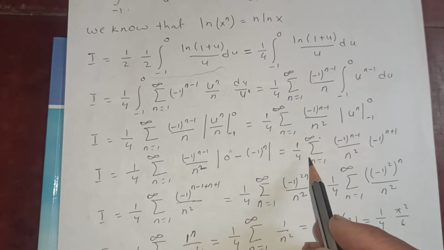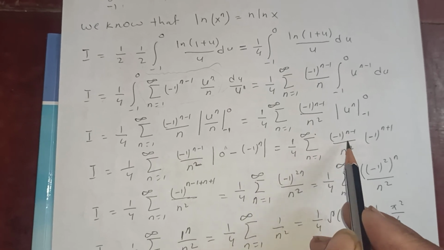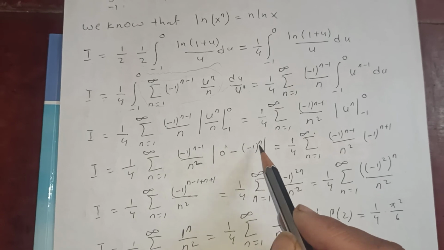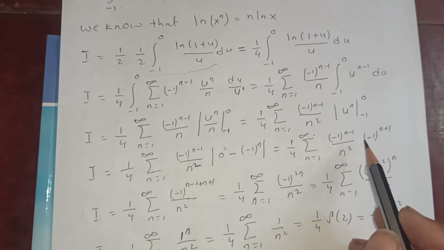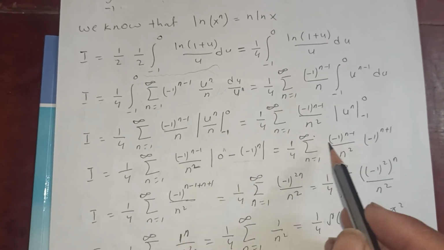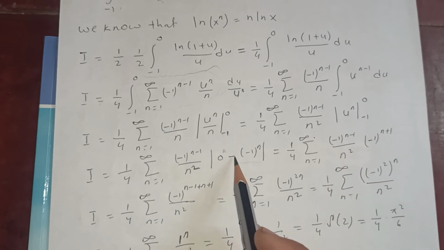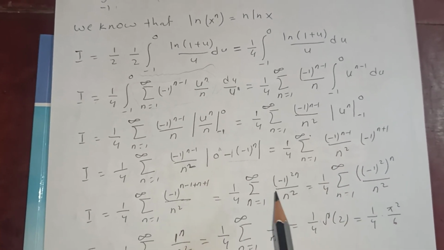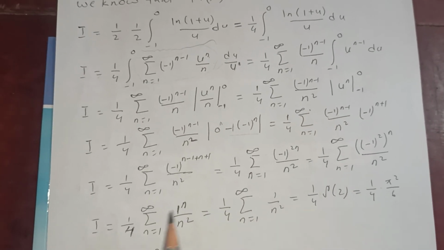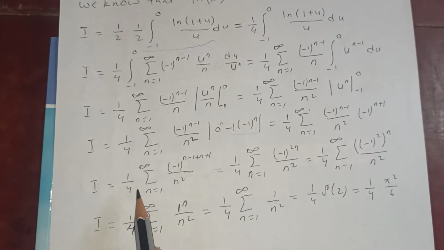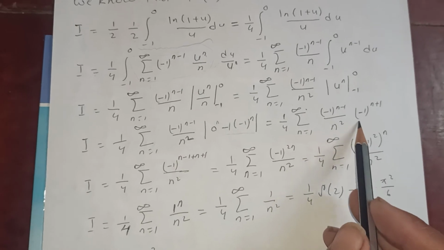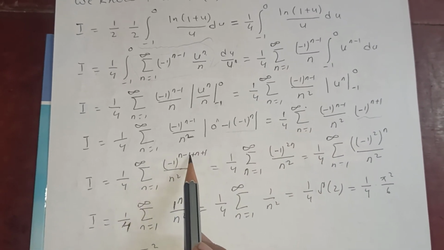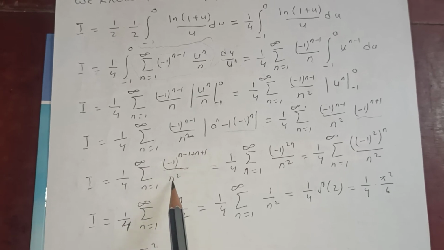So 0 minus something is just this one, which I can put as minus 1 to the n plus 1. Using the exponential law, these two can combine: minus 1 to the n minus 1 plus n plus 1, upon n squared.